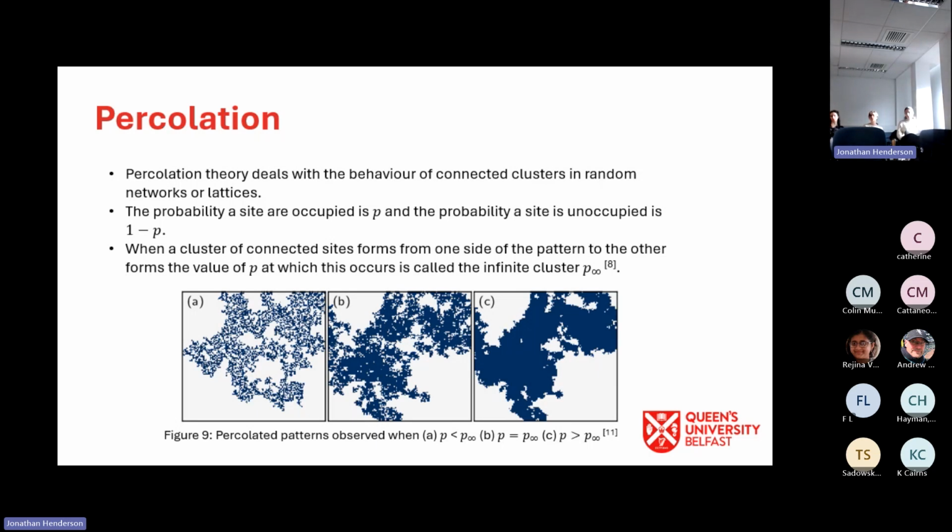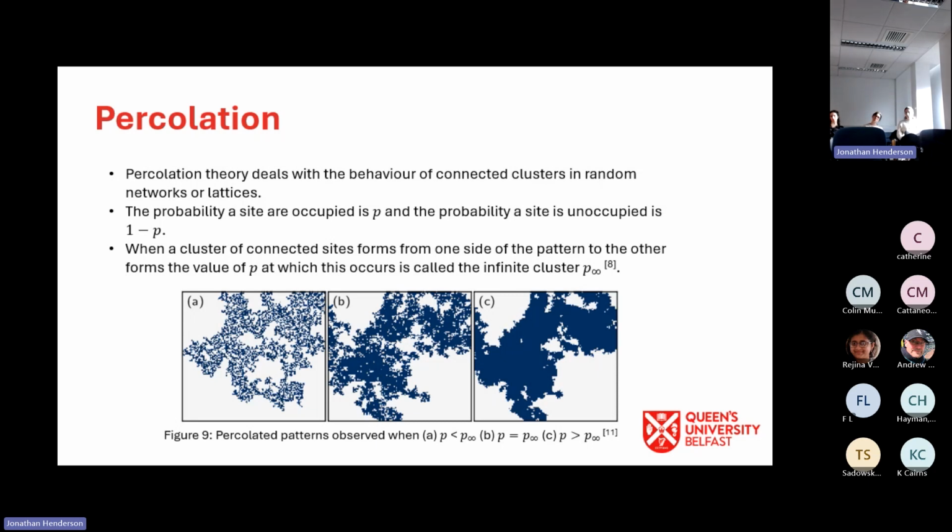What we have then is that these sites will be occupied with fluid with probability P, and unoccupied with probability 1 minus P. And there's a value of P where this image will connect from one side of the image to the other, and that's essentially what the figure is showing.